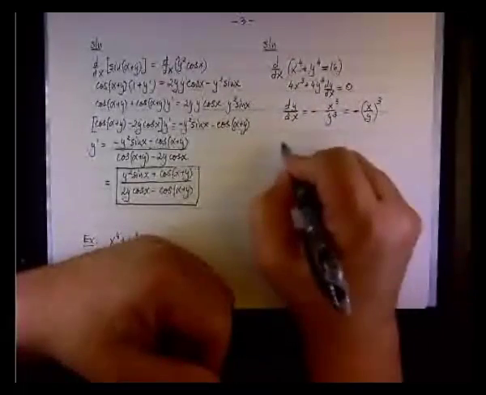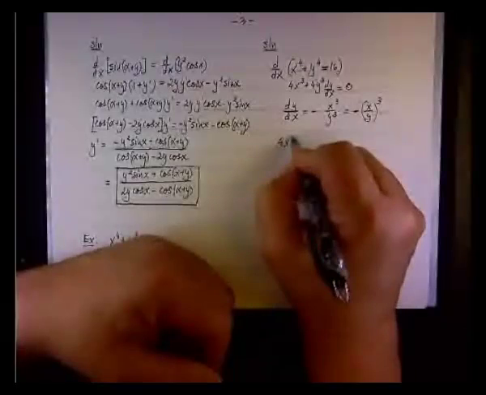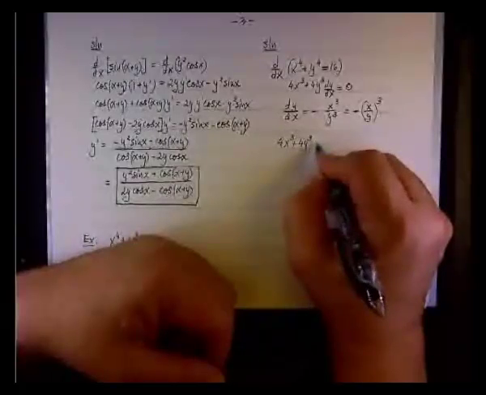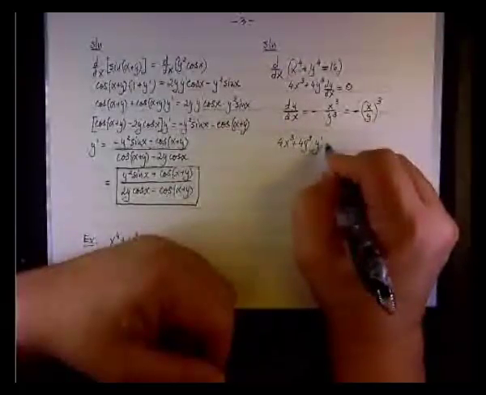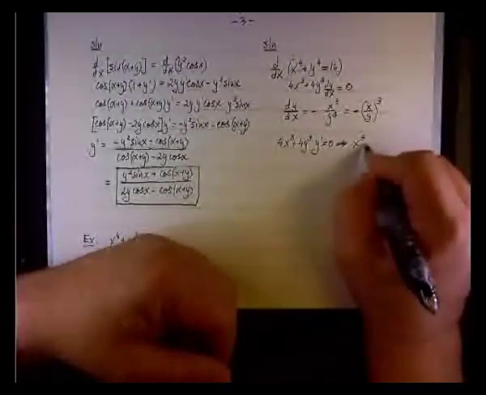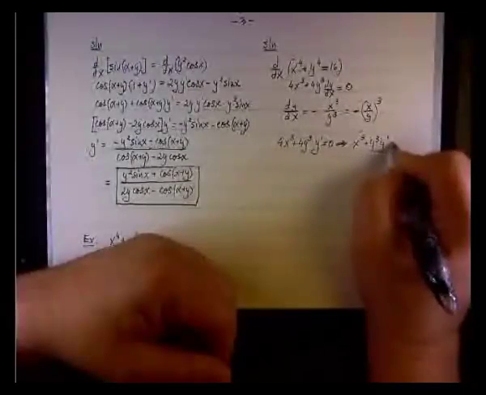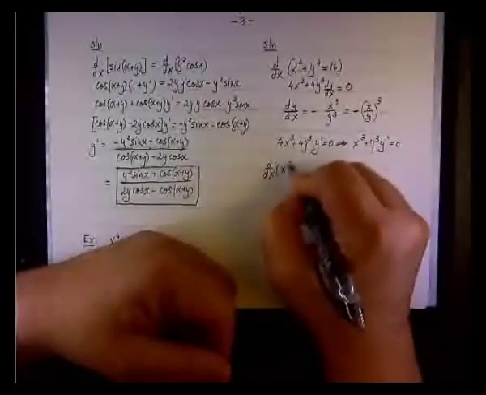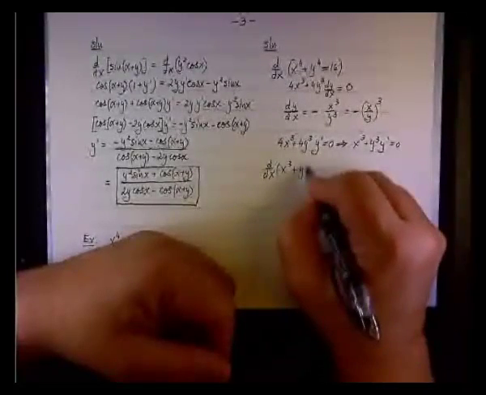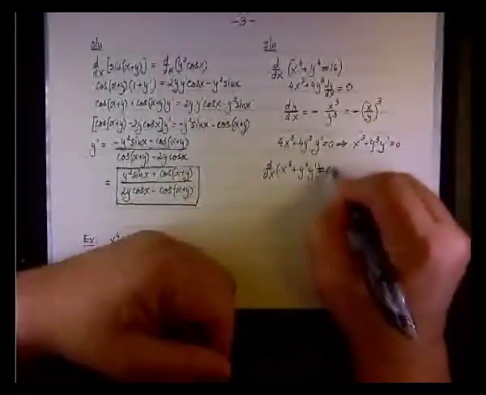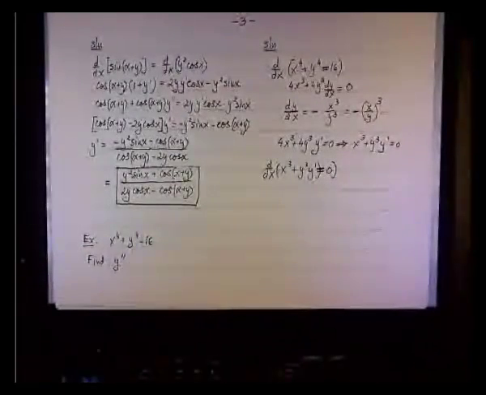So if 4x cubed plus 4y cubed dy dx, going back to the prime notation, equals 0, I can write it as x cubed plus y cubed y prime equals 0, and I'll do d dx of this thing, like so. Again, this is not the only way to do it, but it's one of the ways to do it, and it's not a bad way at that.